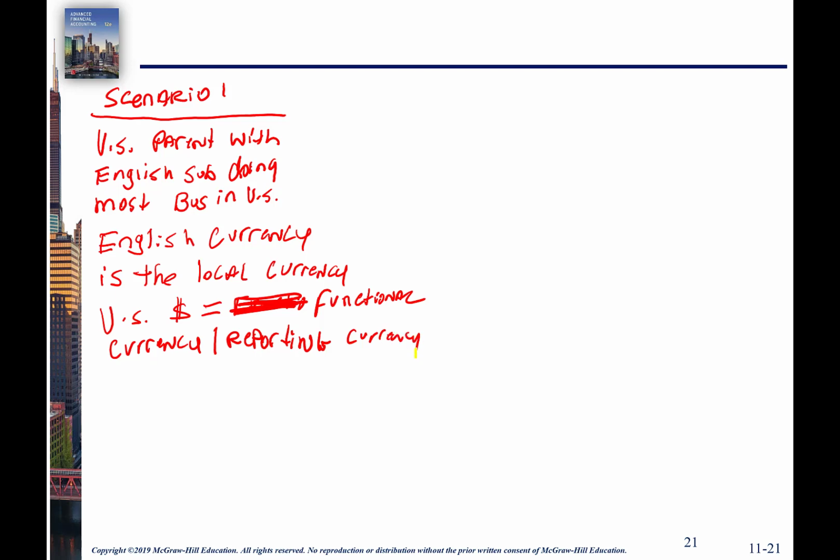So when we have a situation like that, we will remeasure. We'll use the remeasurement method.